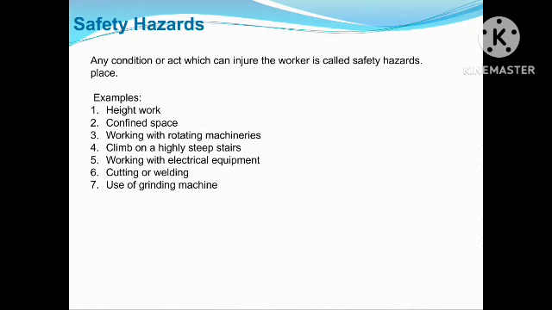So you have to be much more careful whenever you are using AG4, AG5 or AG7 type grinding or cutting machines. You see the sign, this is the sign whenever you are working with a rotating machine.